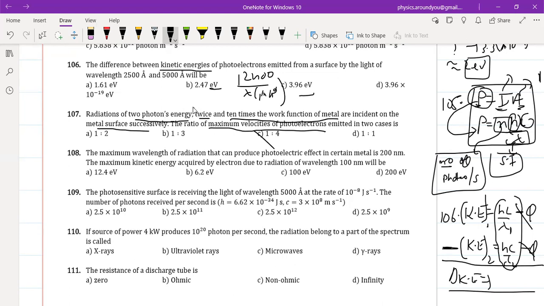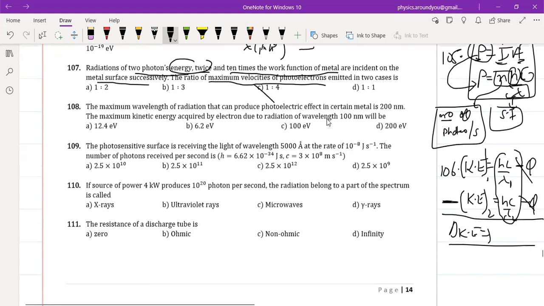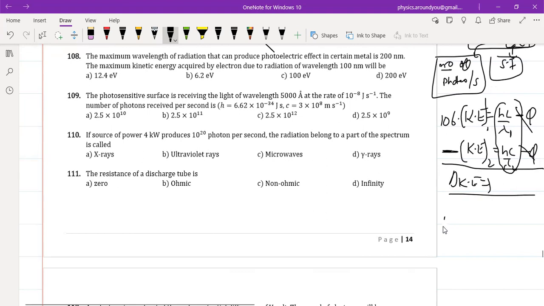The first case is energy is twice the work function of the metal. For the first photon, incident energy is 2 phi, threshold is phi, plus half m v1 square. For the second photon, it is 10 times work function. So 10 phi incident equal to phi plus half m v2 square.